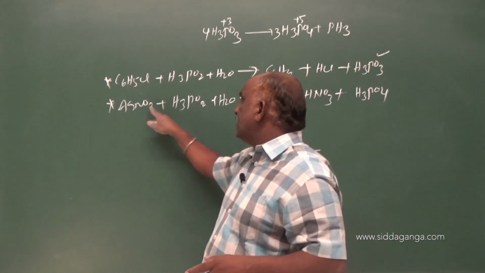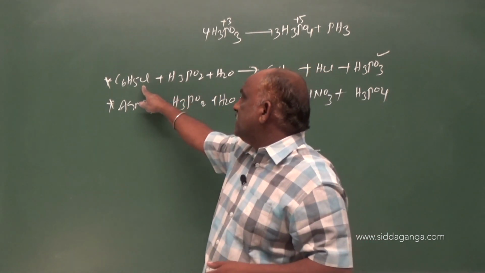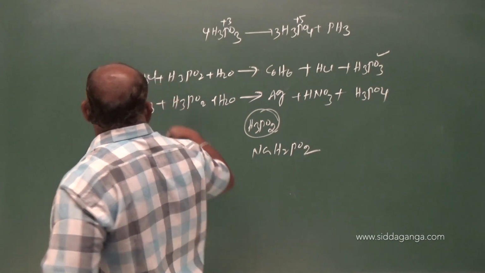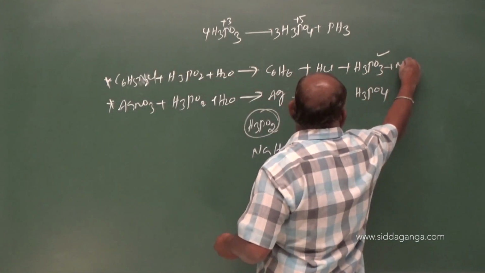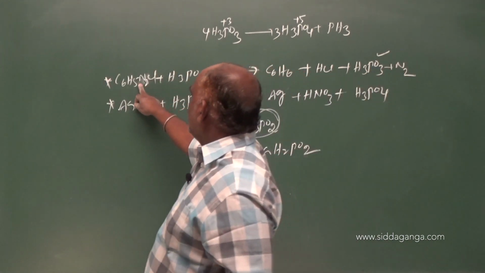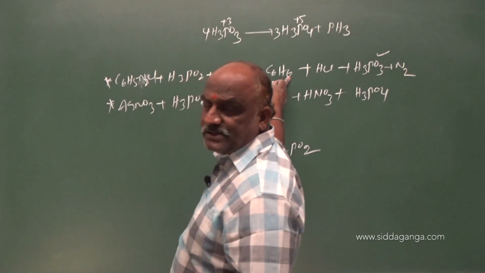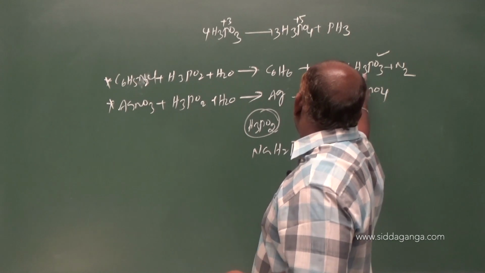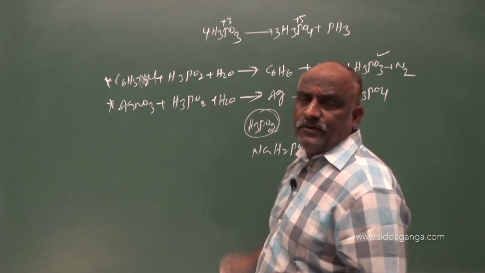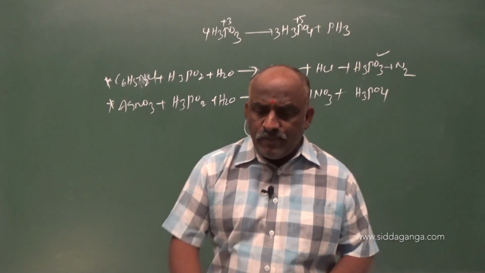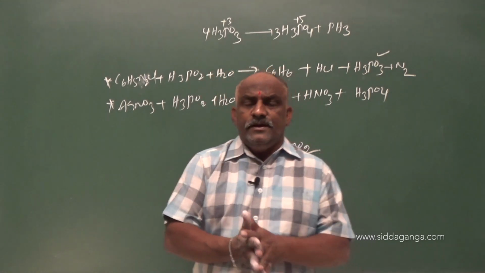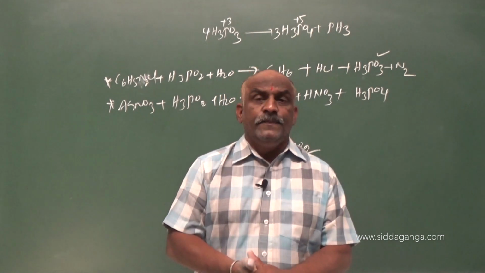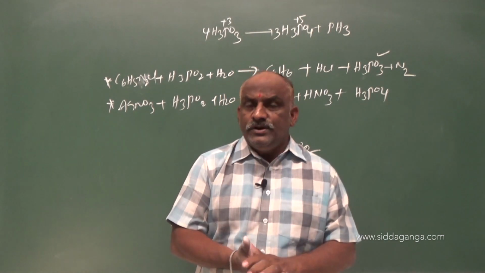It reduces silver nitrate to silver, it reduces benzene diazonium chloride, sorry, C6H5N2Cl, to benzene directly, in a single step conversion. H3PO2 is converted to H3PO3. So these are the importance of these oxyacids, and make a note to differentiate between the ous acid series and the ic acid series. I hope you understood.